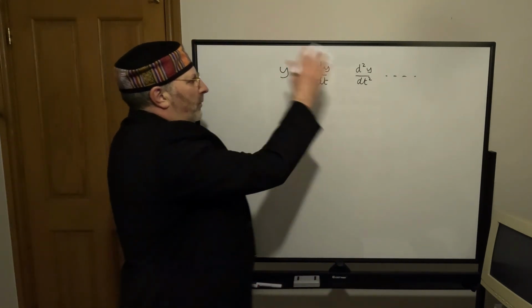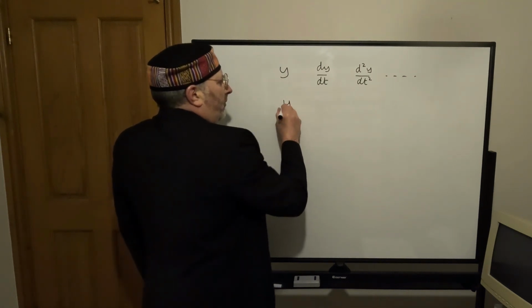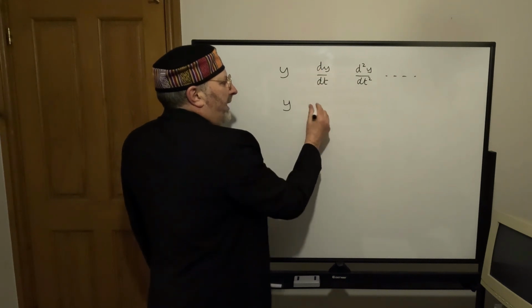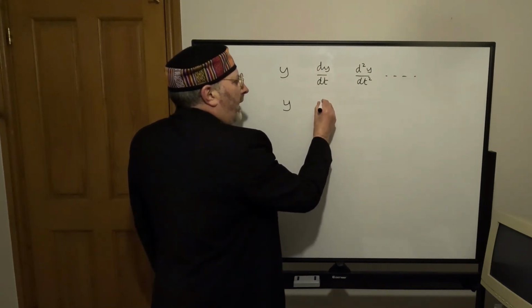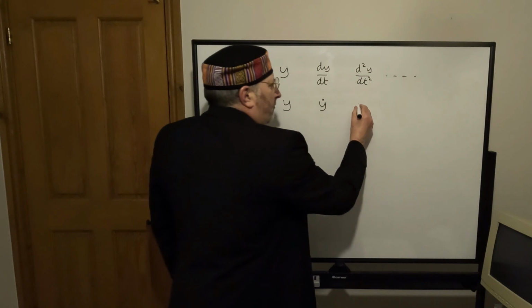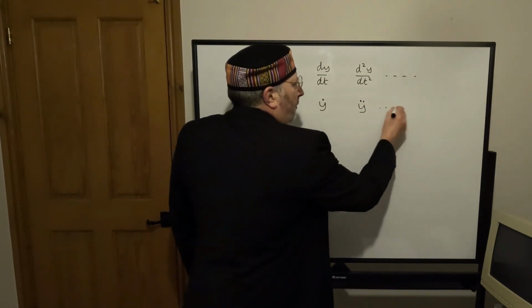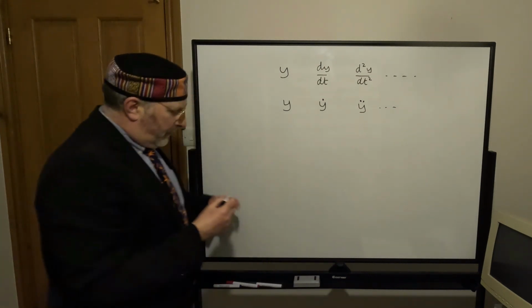Well, we can also write this, starting with y, the derivative with respect to time as y dot, and the second derivative with respect to time as y double dot, and so on, triple dot, etc.